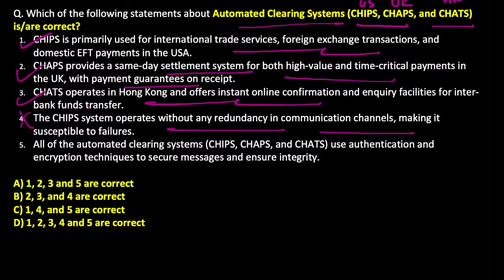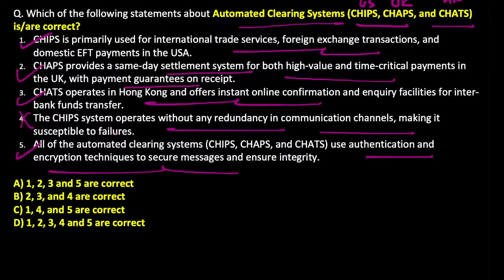All these systems generally work on high technology based areas, similar to SWIFT. So all automated clearing house systems use authentication and encryption technology to secure messages and ensure integrity, right?